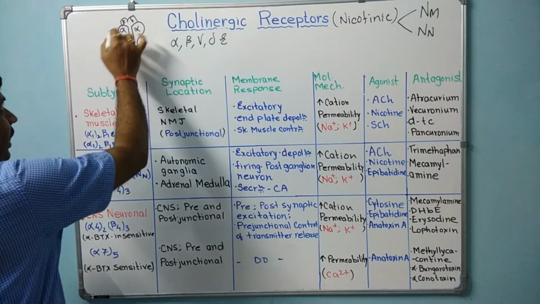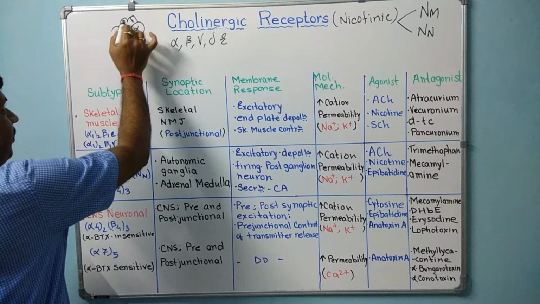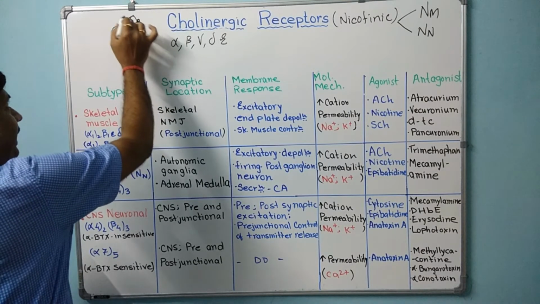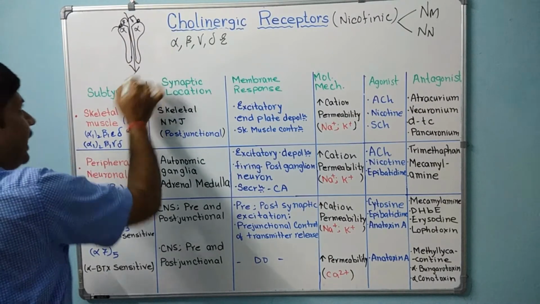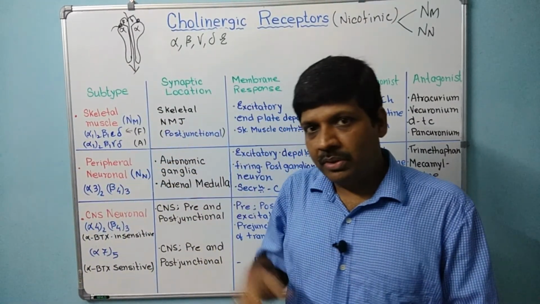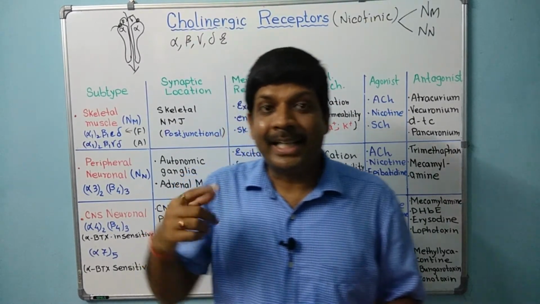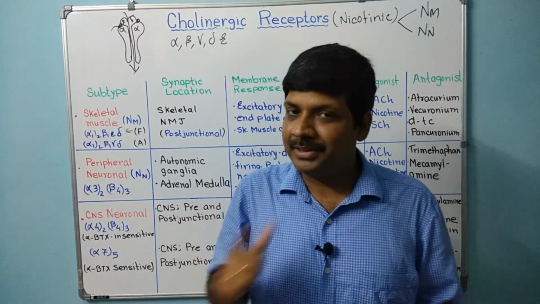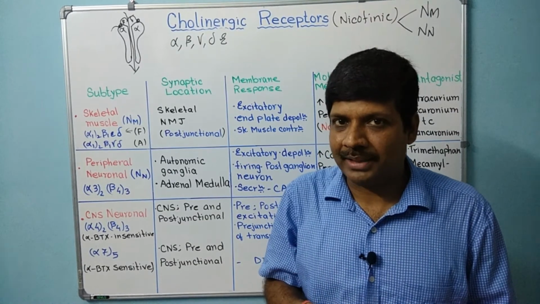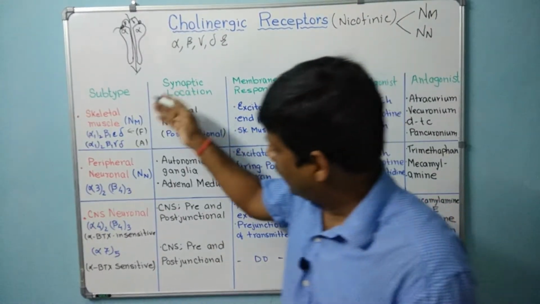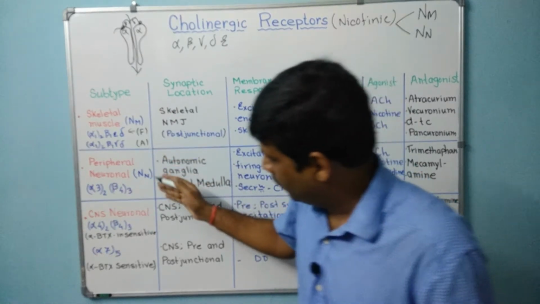And then upon agonist binding at the interface of alpha and beta or alpha and delta, there is opening of the channel. Upon stimulation of these types of receptor, there is rapid increase in the cellular permeability for sodium and calcium. And it can be of NM type and can be of NN type.